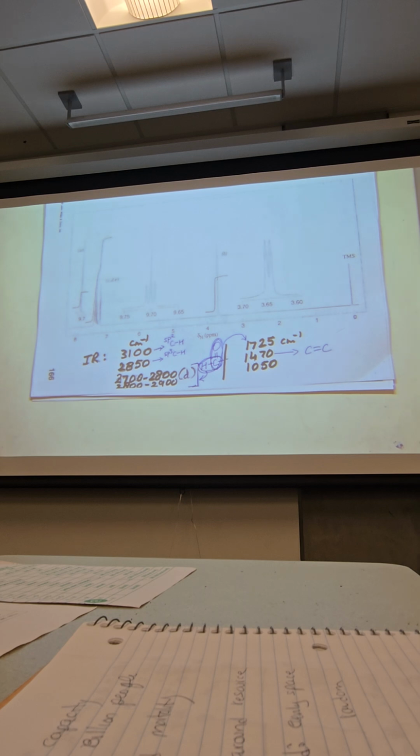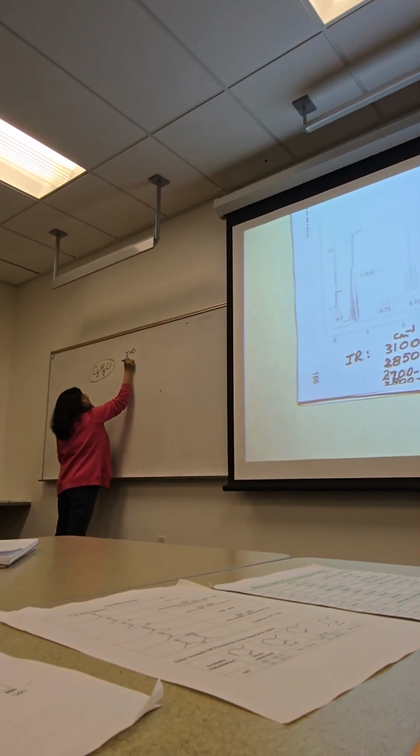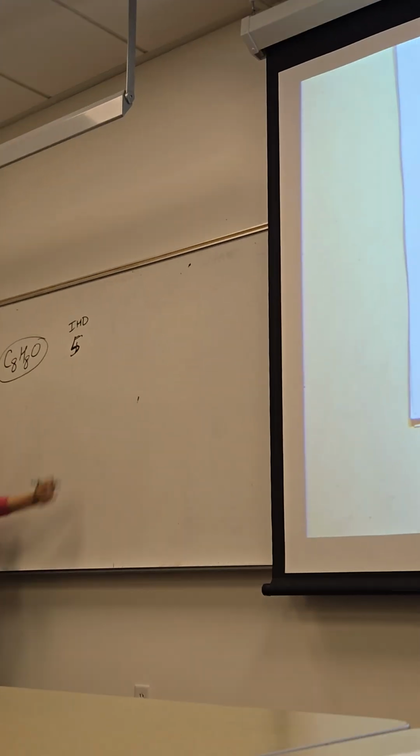Are you guys with me so far? What clues do we already have, even without looking at any of the signals? Keep in mind C8H8O is the formula, IHD is not 4, excuse me, 5, that you calculated.